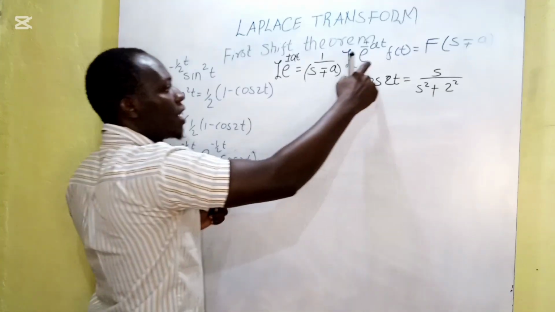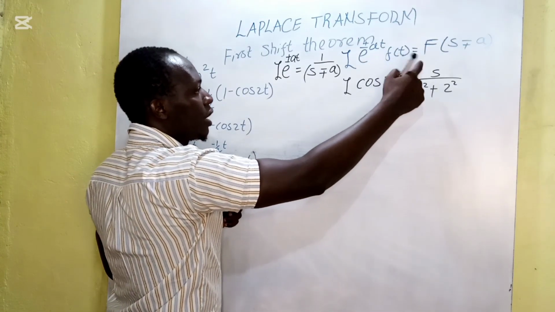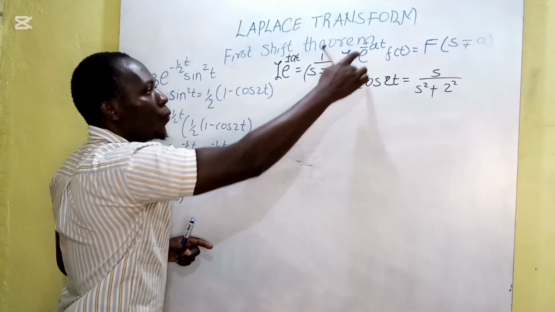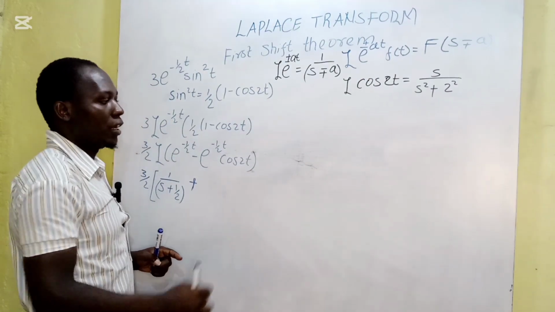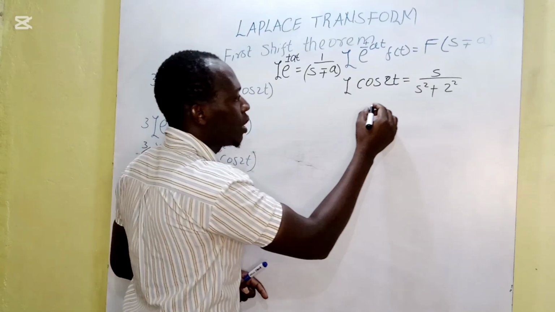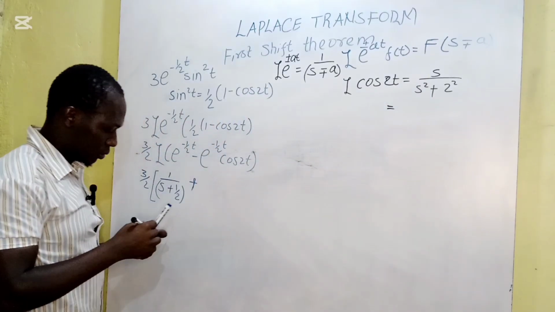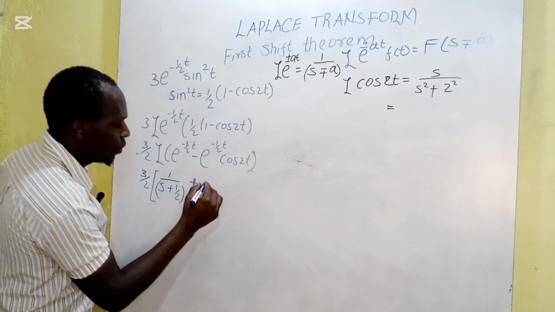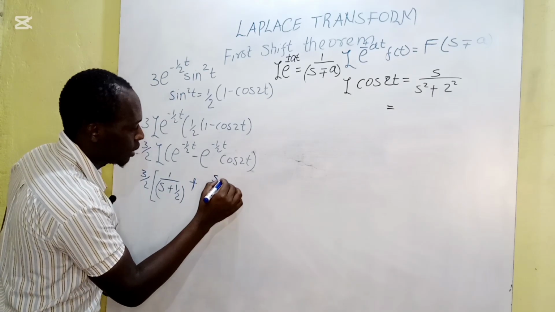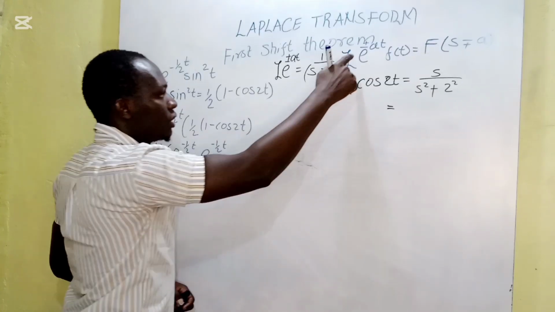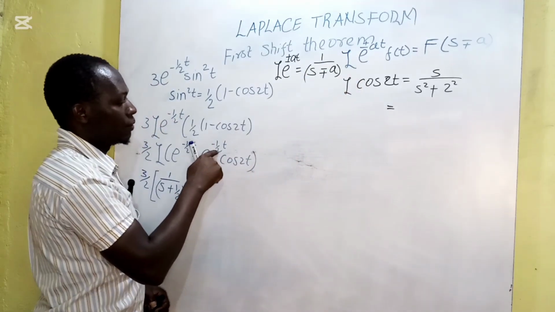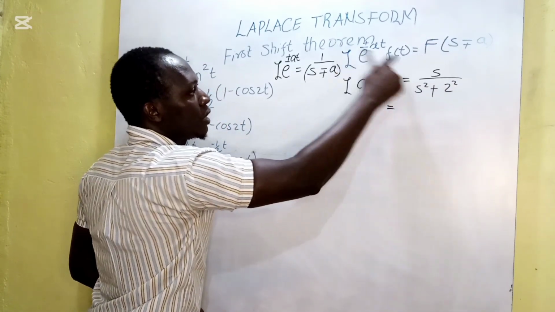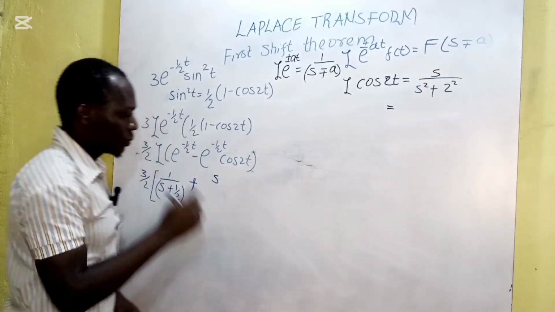By using the first shift theorem, it is only the term of s that has been shifted with respect to a, to mean that we are now going to have the term of s being shifted. We are going to have s, it is a negative, to mean that here we are going to take a positive. Negative is down, positive is down here to the term of s.